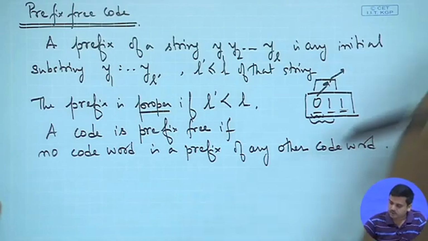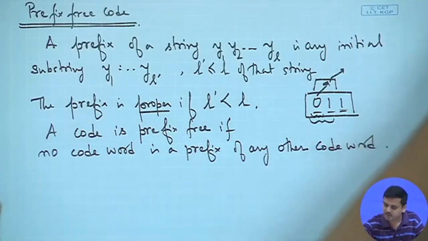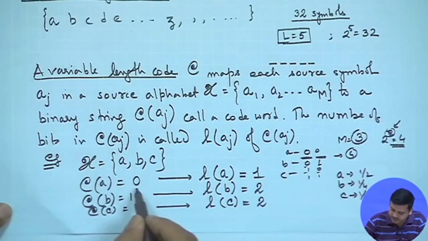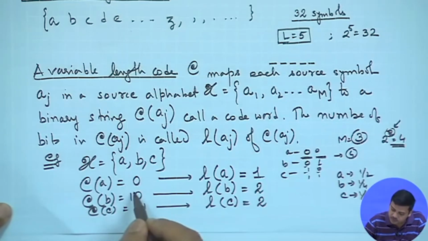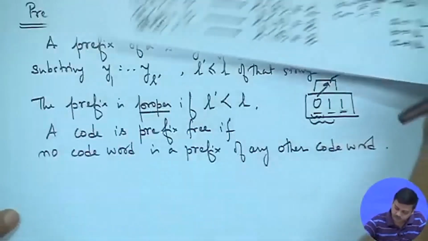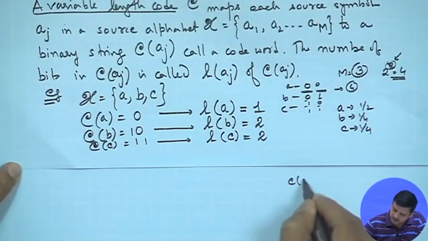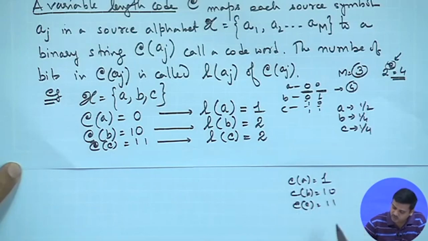If we take the earlier example that we had given, we have already taken a prefix condition. Now, if we take this example that we had used, here we find 0 is not a prefix of these two, and there is no code word which is 1. Now, suppose in this example, instead I choose C of A equal to 1, C of B equal to 10, C of C equal to 11.